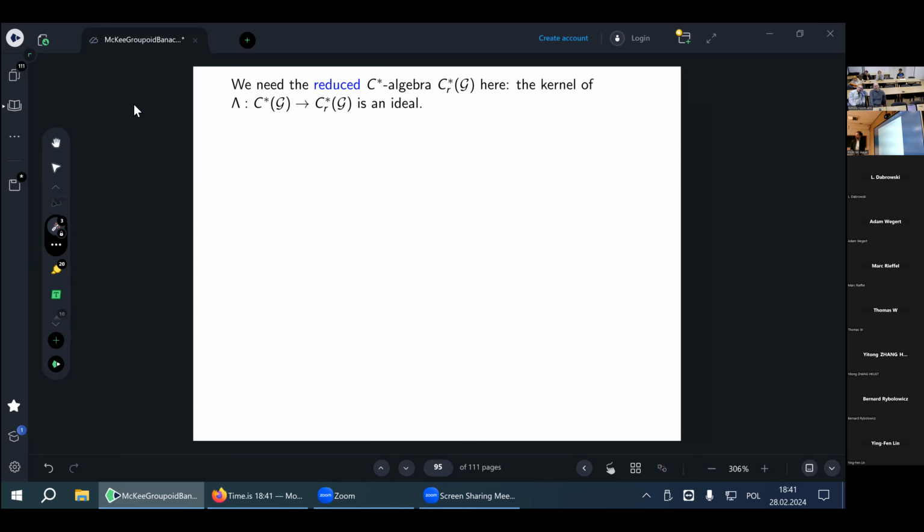So of course we need to have reduced here because otherwise we have the kernel of the regular representation. So we want to avoid running into this problem in the Banach algebra case. So to do this, C0 of G in the Hausdorff case means C0 of G. In the non-Hausdorff case, it stands for bounded Borel functions. Just for this talk, think of it as usual C0 of G. This is based on Renault's work.